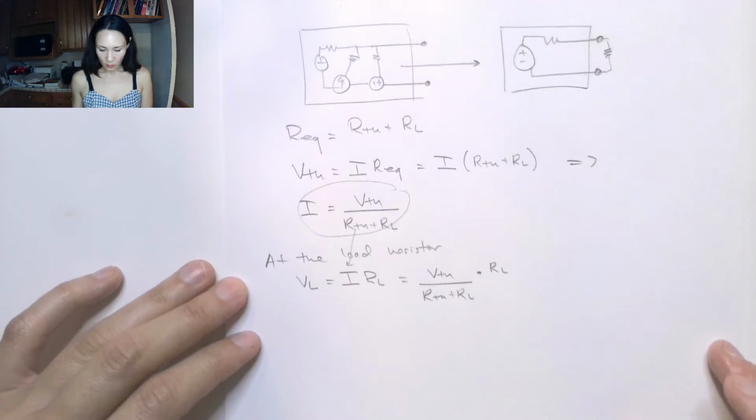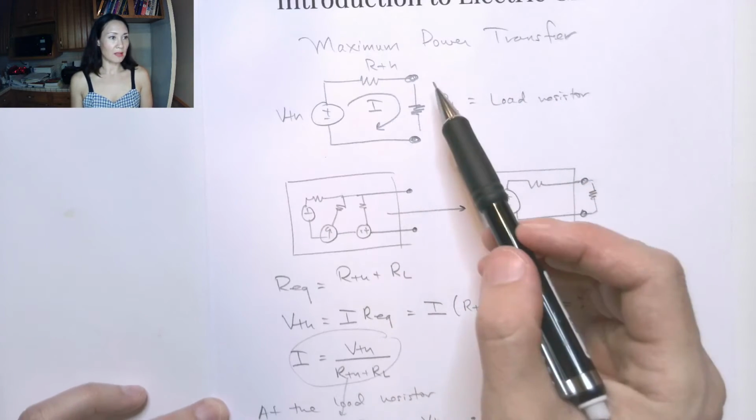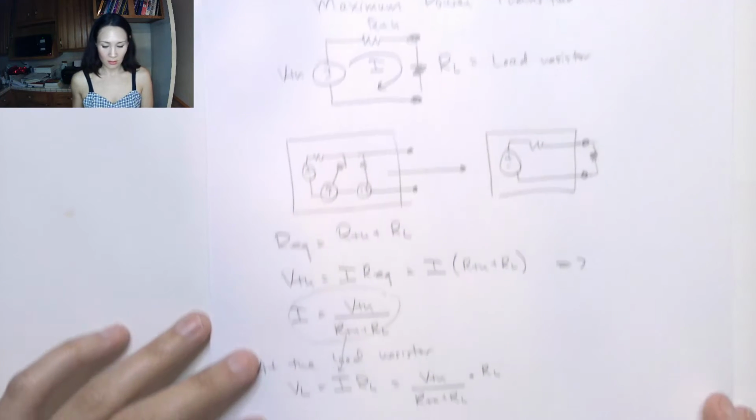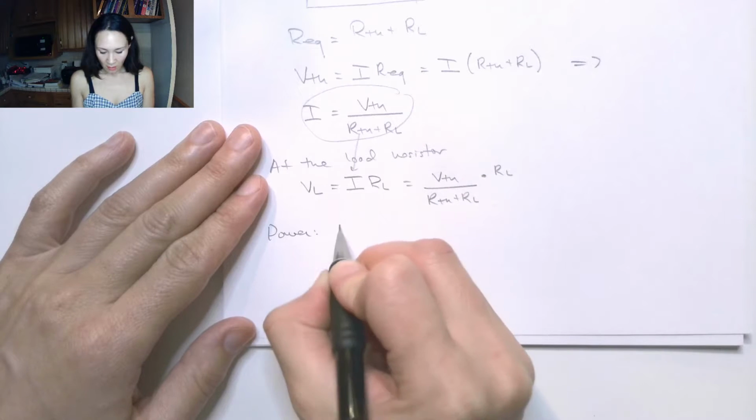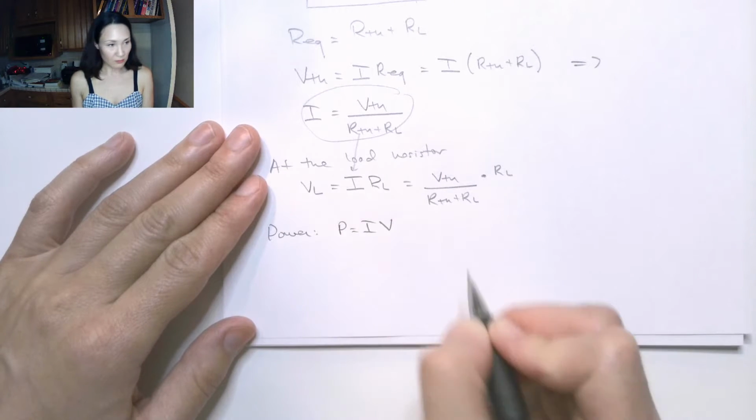All right, great. So what am I trying to do? I'm trying to maximize the power that's delivered to this resistor. The definition of power, if you recall, is current times voltage.